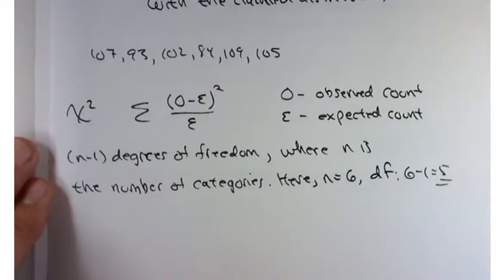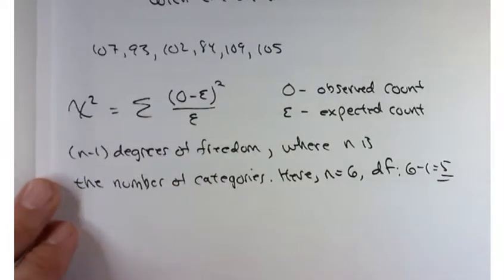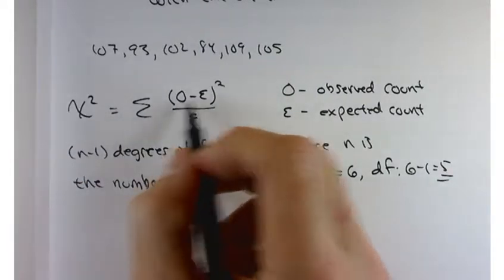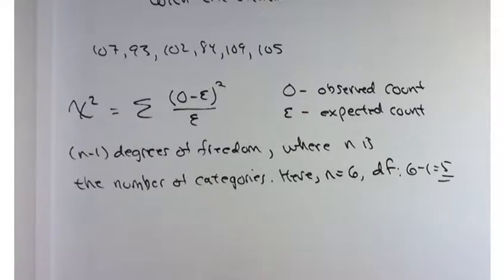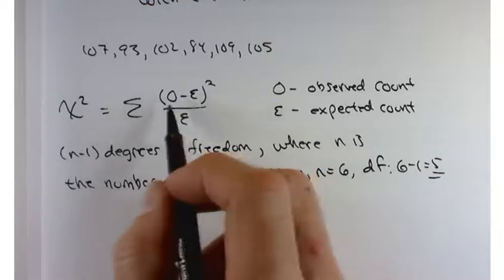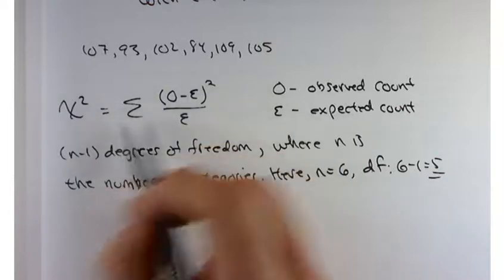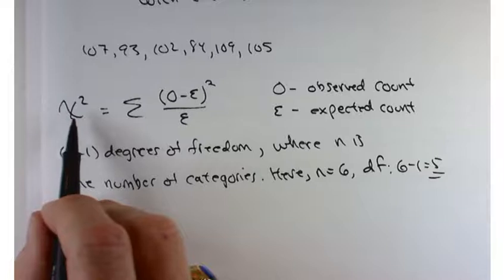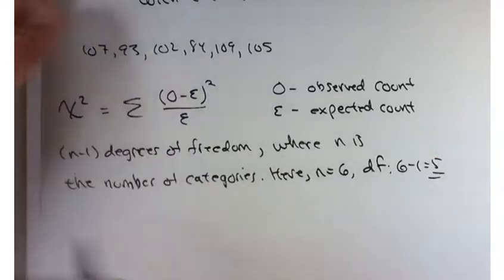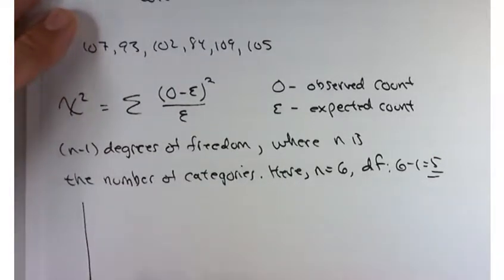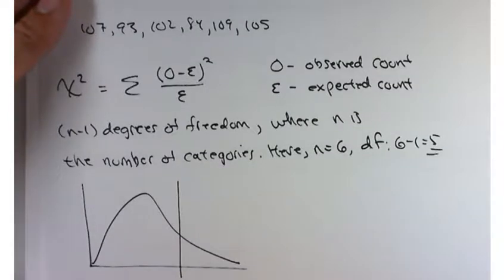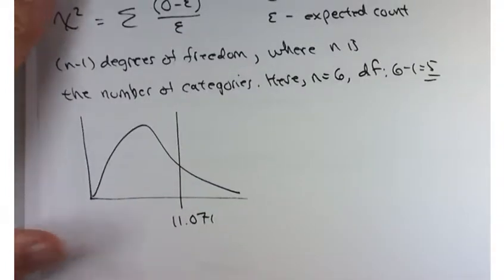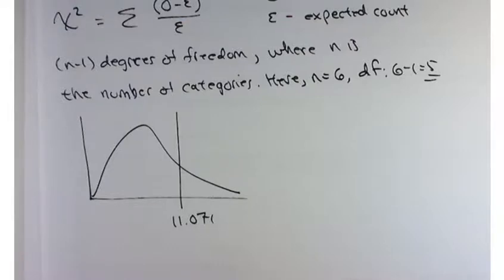What has to happen in order for us to reject is that your observed minus the expected has to be pretty big. The bigger this difference is, the bigger this total will be, and this will be far enough out in the right tail that we would reject the null hypothesis. So our critical value is 11.071 for a chi-square distribution with 5 degrees of freedom.